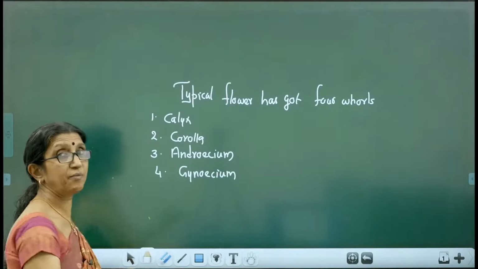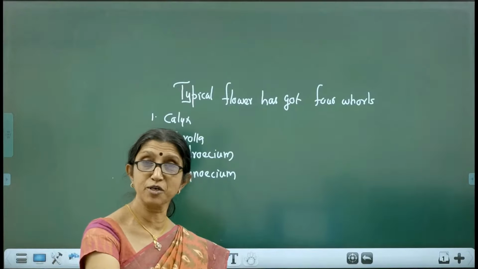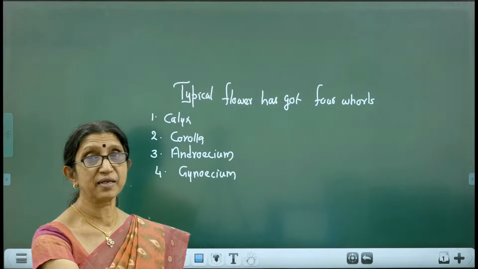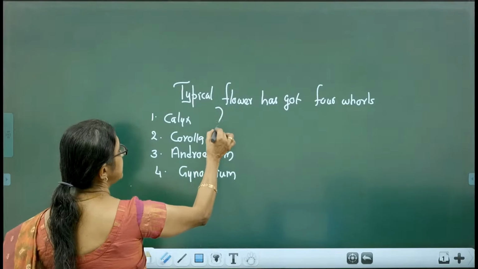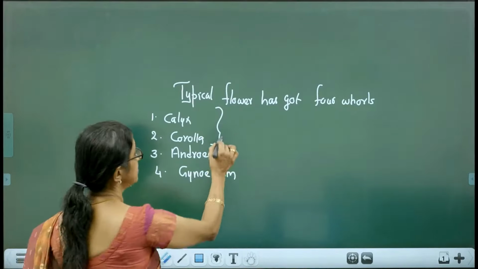So from outer to inner, these are the 4 different whorls of a typical flower: calyx, corolla, androecium, and gynoecium. The first and second are known as non-essential whorls.